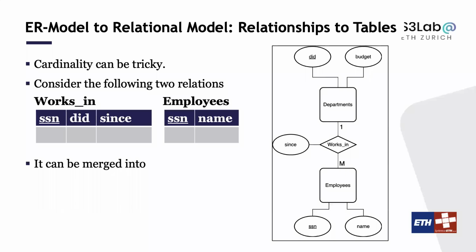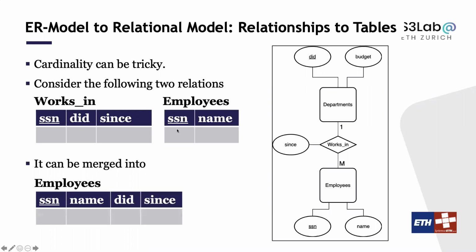Both relations have the key SSN, so they could be merged into a larger table. Another way to do the translation is to have another relation, employees, with SSN and name, and I also merge the works-in relation into this large table. I just put department ID here, and I put the attribute since.